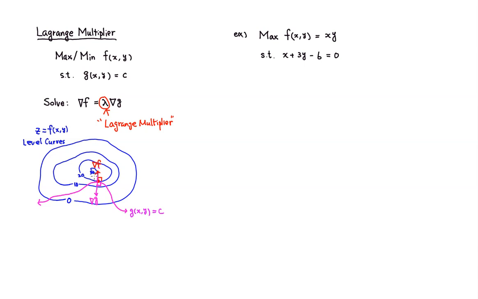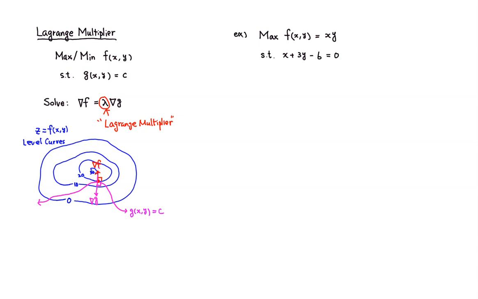We can use this equation to find the maximum or minimum value of a function. Let's look at this simple example. Let's say we want to find the maximum value of the function f of x comma y equals x times y, subject to x plus 3y minus 6 equals 0.